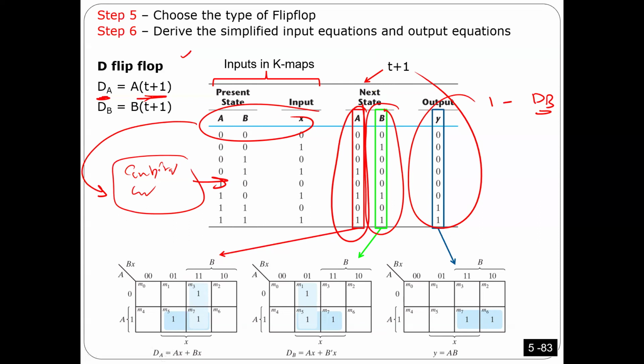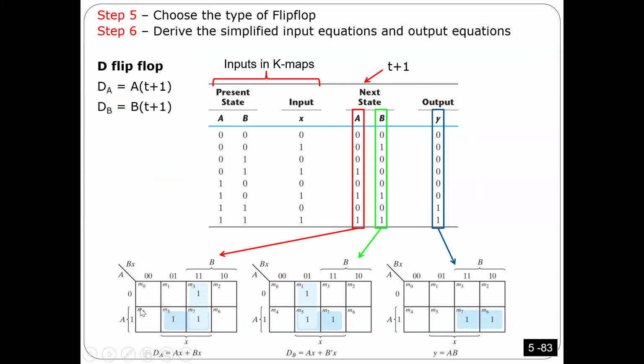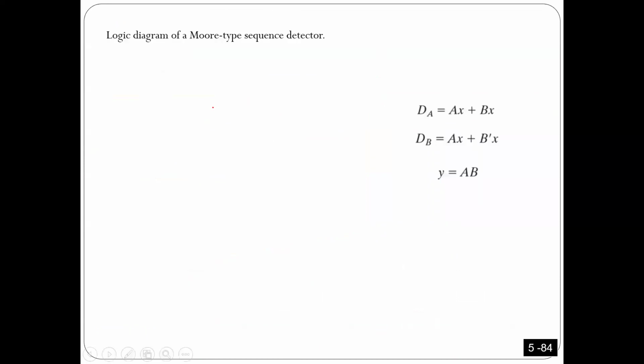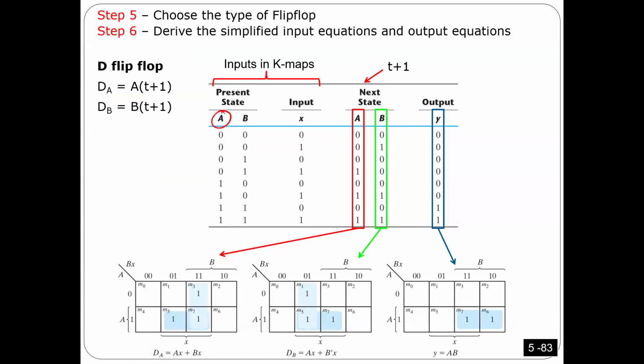The input here, if you remember when I explained the K-maps, I told you the first one, A, whatever you have here, A has to be here.